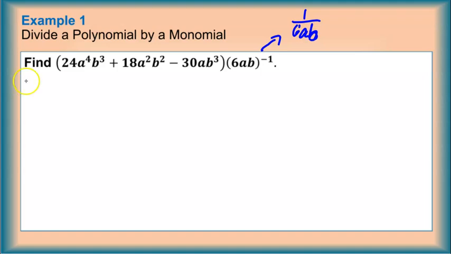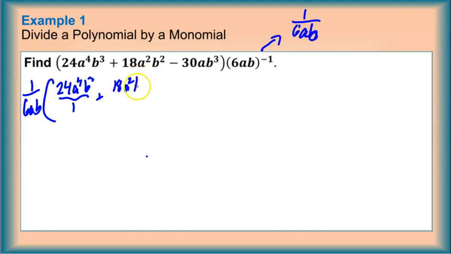So now if I rewrite this, this would be 1 over 6ab, and I'm going to be multiplying all that by 24a to the fourth b cubed all over 1 plus 18a squared b squared all over, not 6ab, sorry, over 1, and then minus 30ab cubed all over 1.